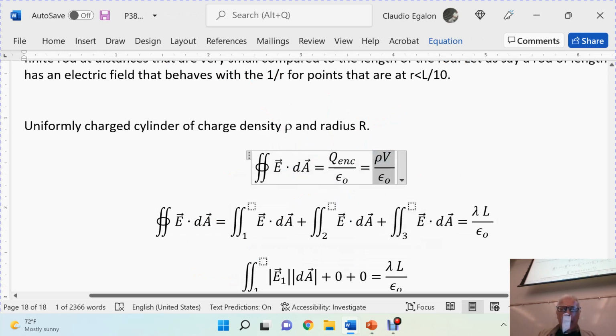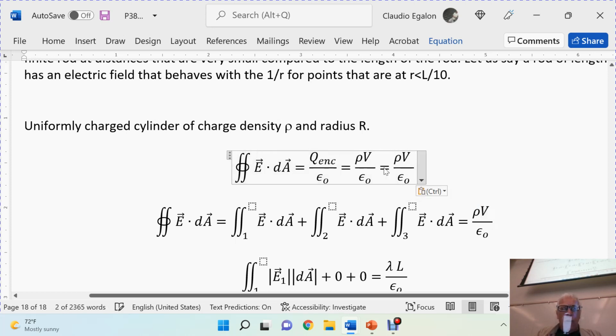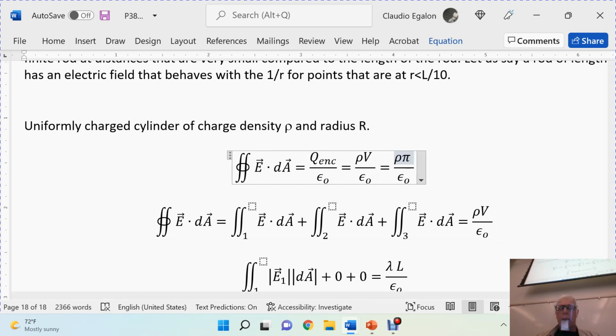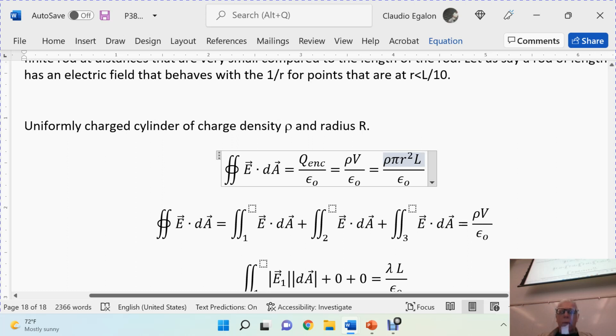And what you end up getting here is rho times V. And by the way, the volume of that Gaussian cylindrical surface is going to be pi r squared L. So I'm going to copy that and paste it here.